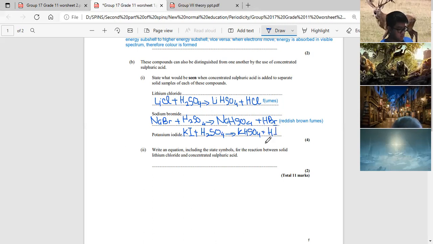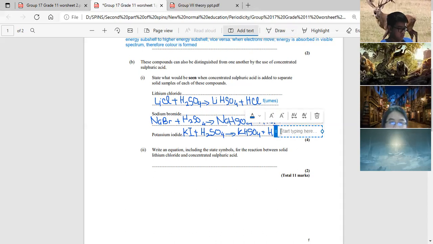Hydrogen iodide forms a bit yellow, a bit purple color. Yellow is the precipitate. So this one gives purple fumes.